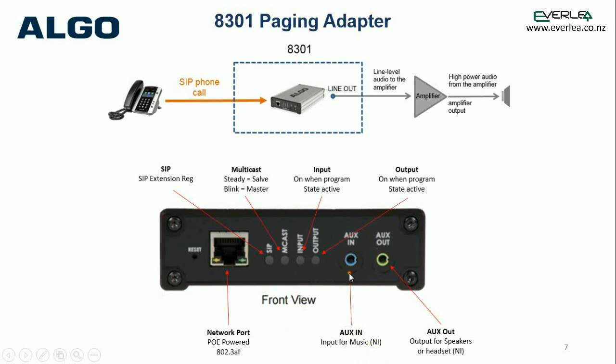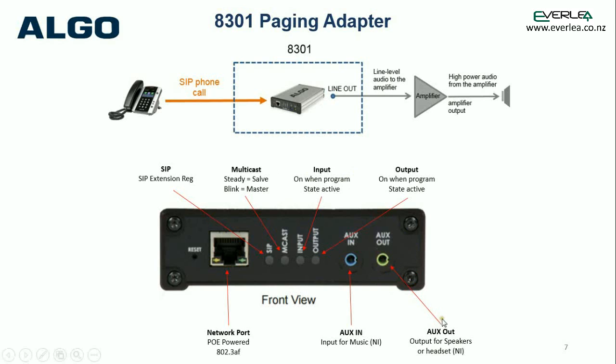So we could have an iPod or a radio, whatever device you want to use, streaming music into the device, and we could multicast and send this music out through the analog pager, for example, and also multicast it through to the Algo IP speakers as well, so that when somebody dials in and does a page broadcast, the music is turned off and the voice comes through. Once you finish the page, it drops out and the music returns.